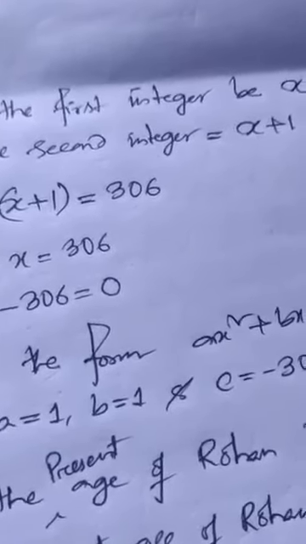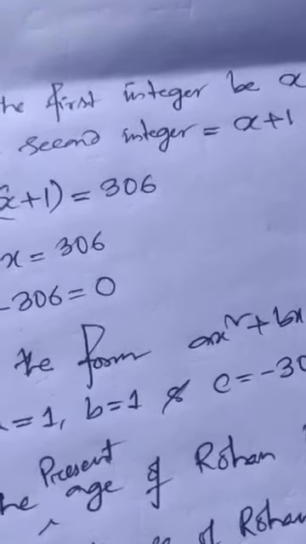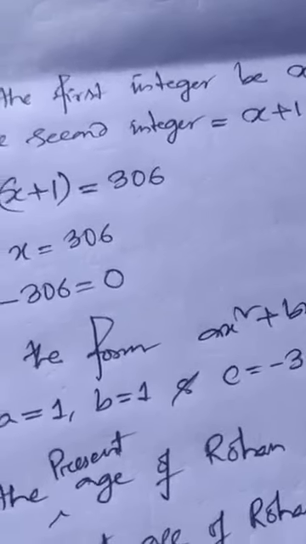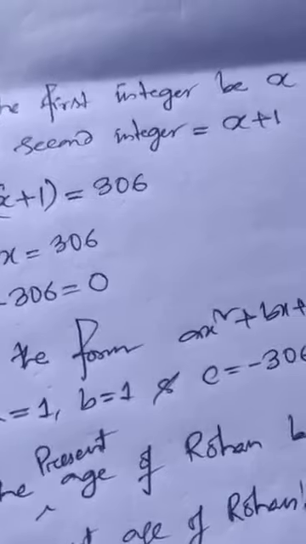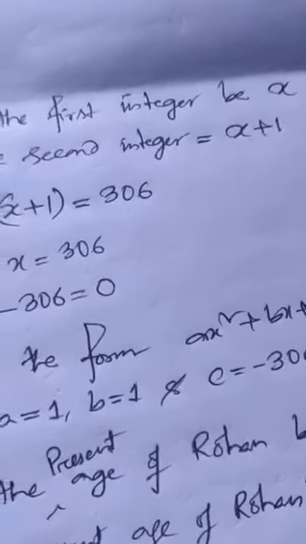This is the actual meaning of consecutive. That means, whenever you are talking about consecutive, you should always add 1 to that particular number. Okay?